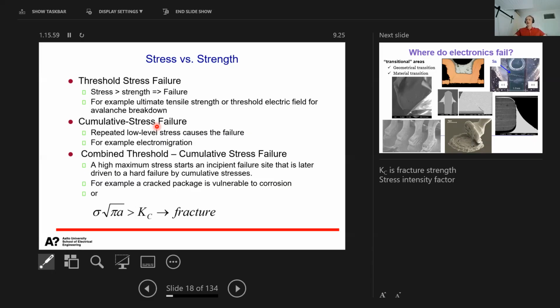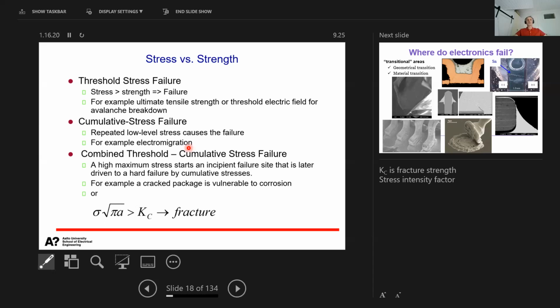So that's when you have your stresses below the strength, but you have a high number of those, then you end up in a failure. And for example, electromigration is a quite nice example here, which we will come back to. We start with this one in the third part of the course.